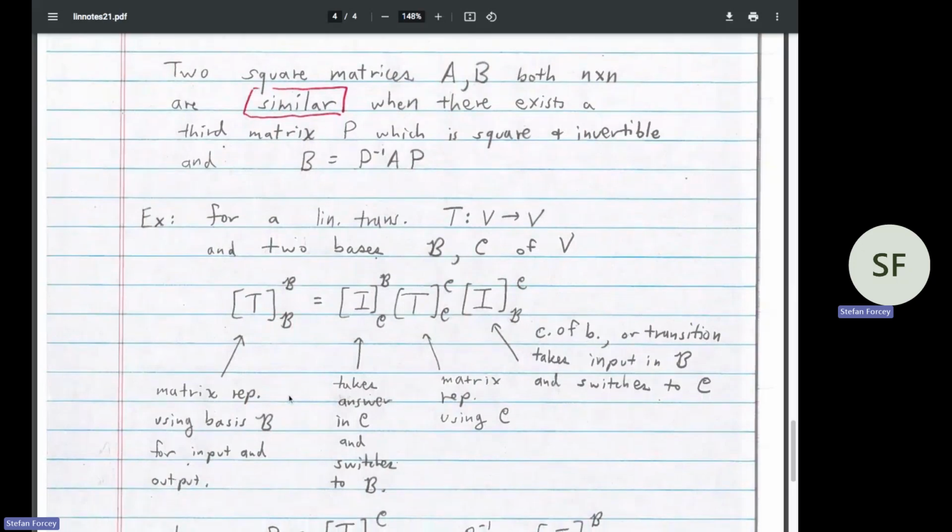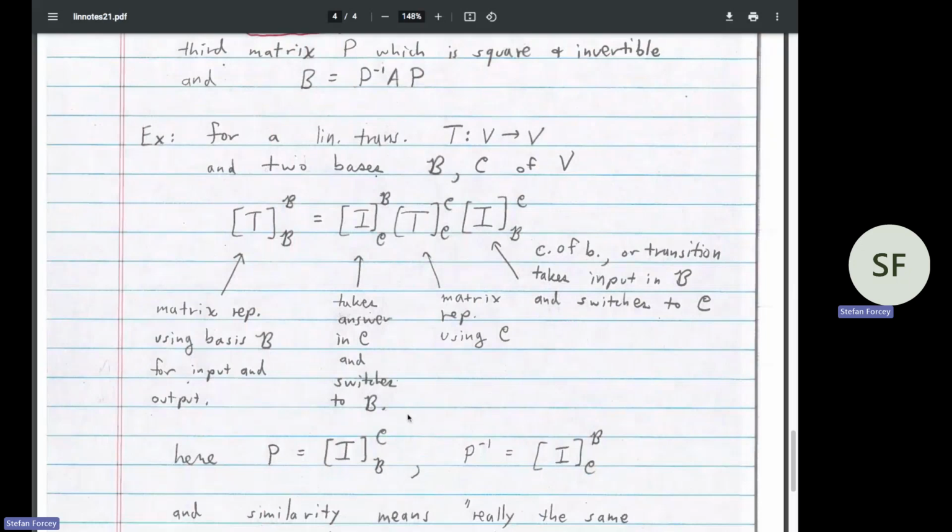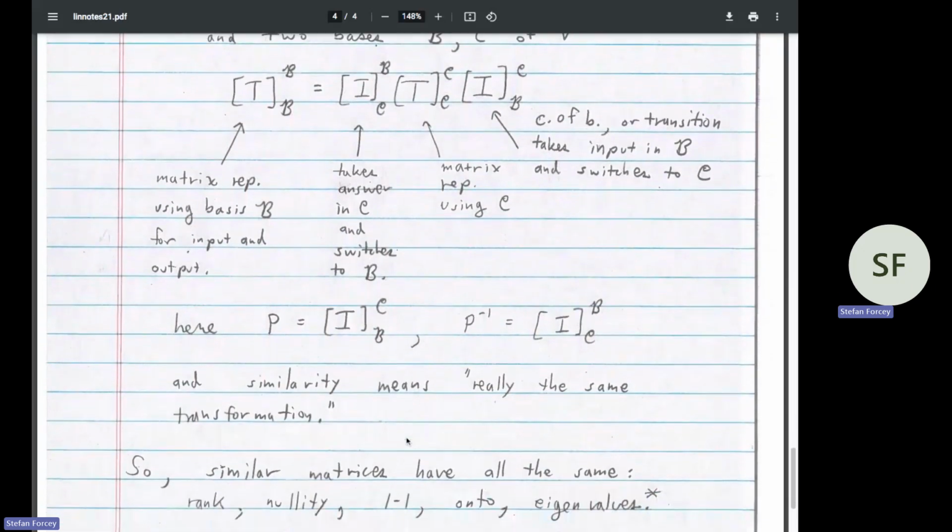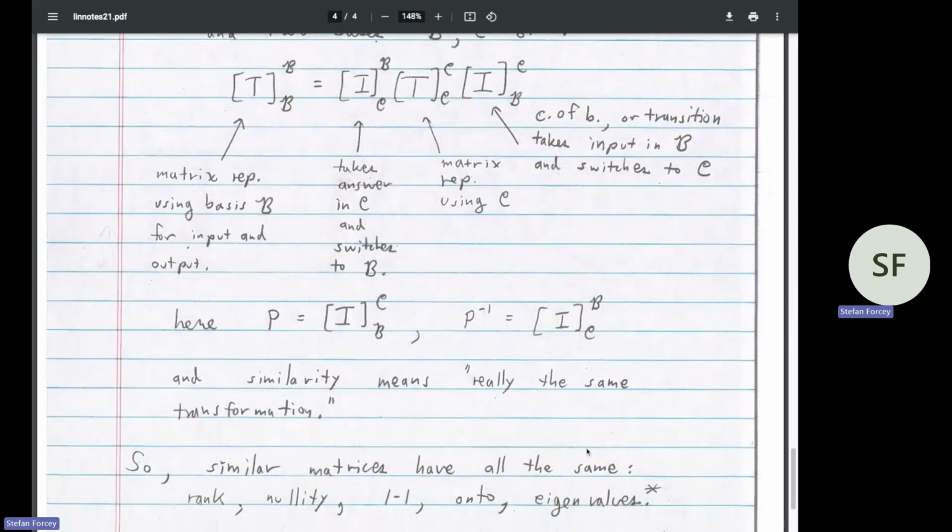So the matrix representation using basis B for input and output equals, first do a change of basis matrix, or transition, as the book calls it, from input in B and switch it to C. Then do the matrix representation using C, and then multiply by the change of basis that takes the answer in C and switches it back to B. And that's P, the change of basis matrix, and P inverse is the other one that goes C to B. And similarity means really the same linear transformation, just with respect to different bases.